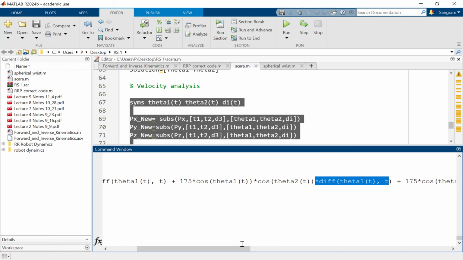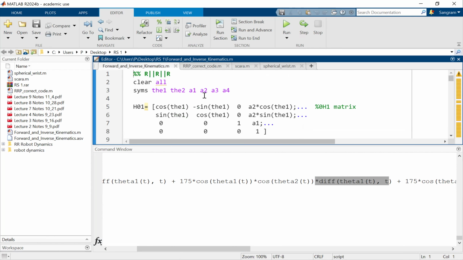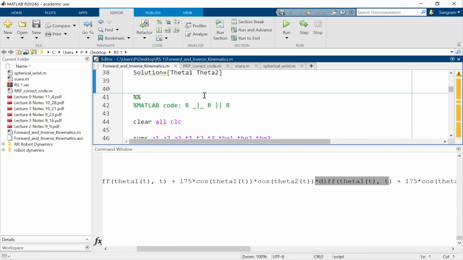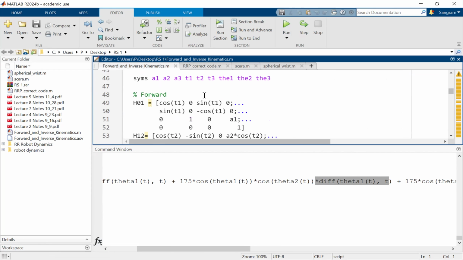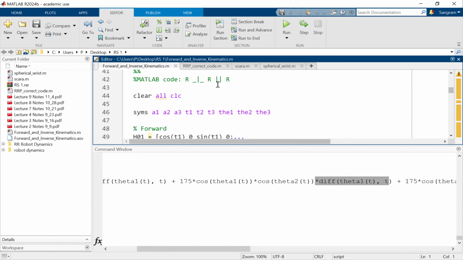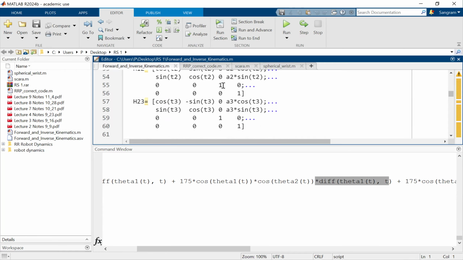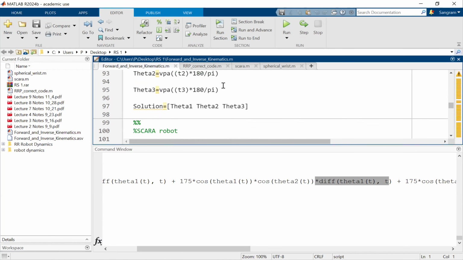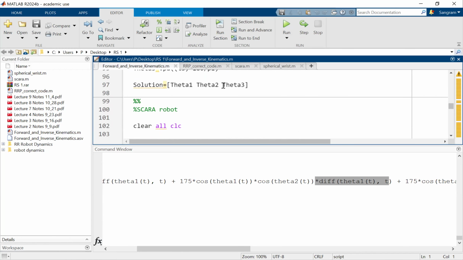Before I conclude for today, there is one more minute. I want you to look at forward and inverse kinematics. In this code, I have given you the MATLAB code for R perpendicular R, R parallel R, which is the two-bot. Go down and you would see the SCARA robot that I just worked out.